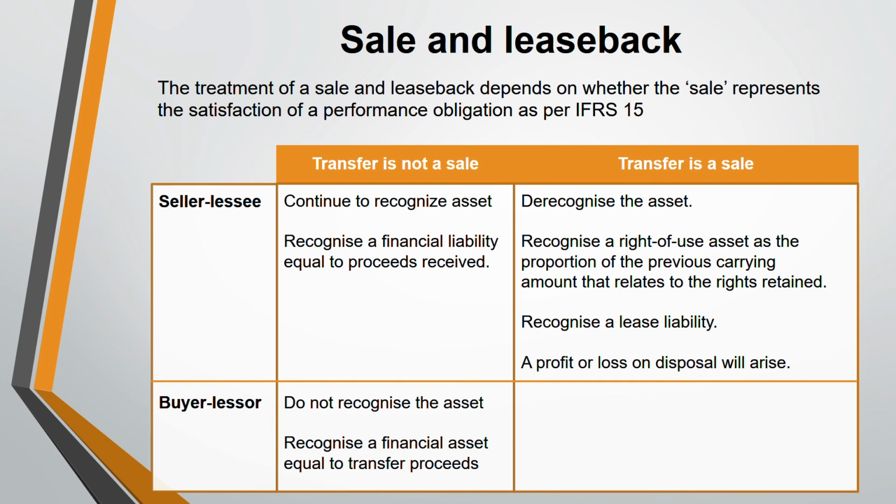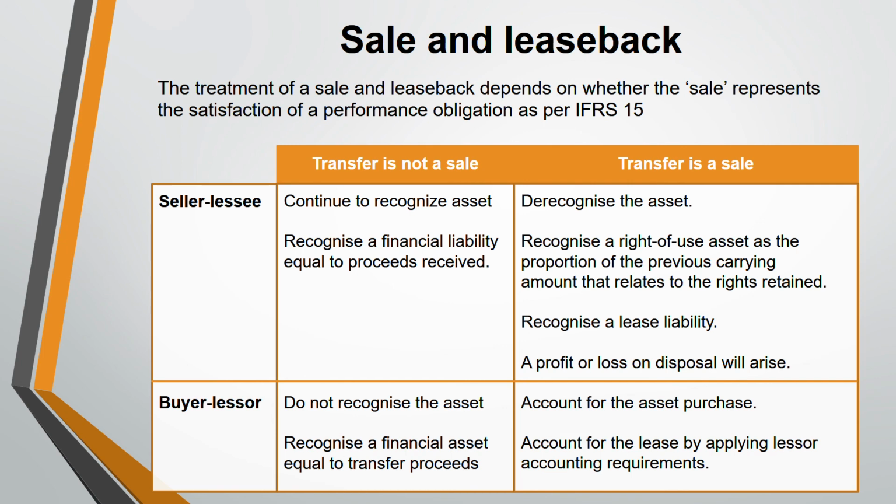Now coming to the buyer, because he bought, it's a sale, he will account for it as an asset purchase, and he's a lessor. So all the lessor treatment he will use. Whether it's an operating lease or finance lease is not needed because it's not clear cut. If in the scenario they give you that this is a finance lease, then according to finance lease he will account. If it says it's an operating lease, then likewise.